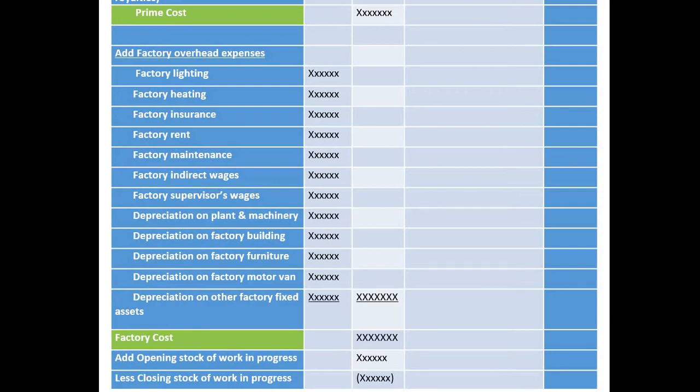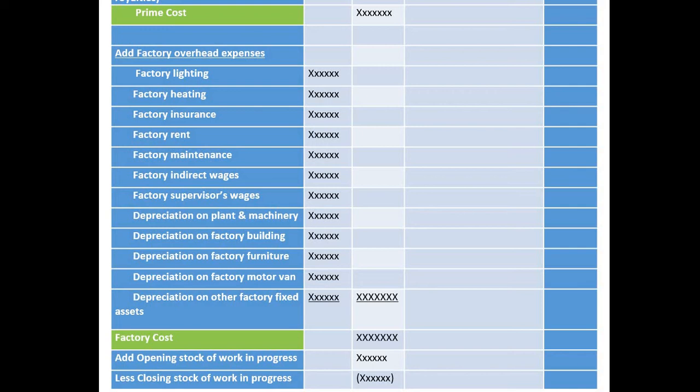Number two, factory heating, factory insurance, factory rent, factory maintenance, factory indirect wages, factory supervisors' wages, depreciation on plant and machinery, depreciation of factory building, depreciation on factory furniture, depreciation on factory motor van, depreciation on other factory fixed costs. Now, when you add all the factory overhead expenses, you get what we call factory cost.